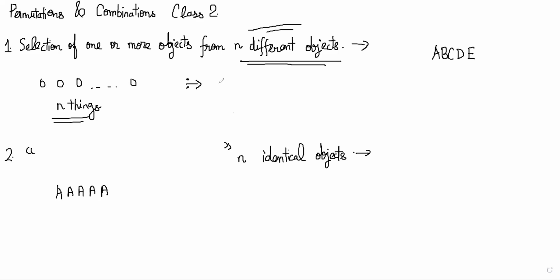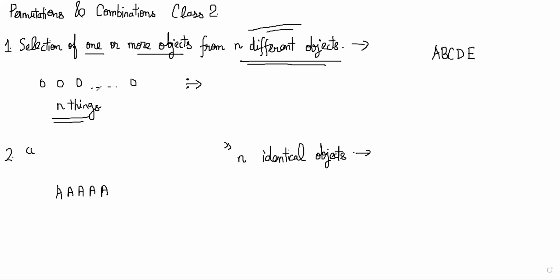So how do we count this? Total are n, so it'll be nCr, right? No, this is one or more. You could select one, or two, or three. Because it is an or question, you have to add. So we have to write nCr plus nCr, something like that.